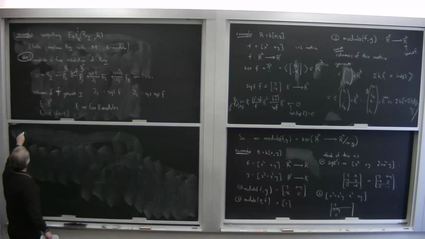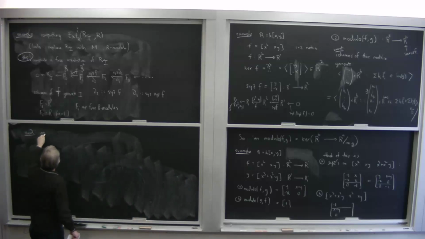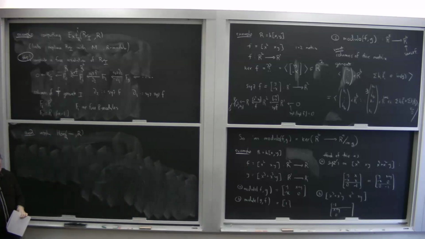Okay, step 2. We apply Hom of dash comma R over R. This is exactly, for nice free things like this, exactly like the vector space situation. What is applying Hom doing?